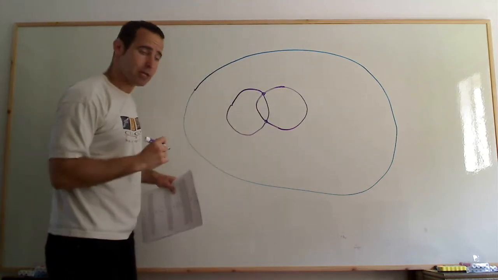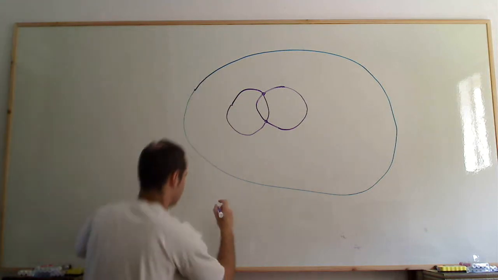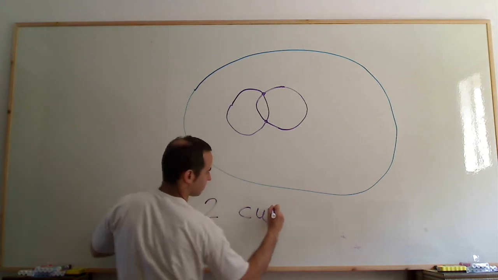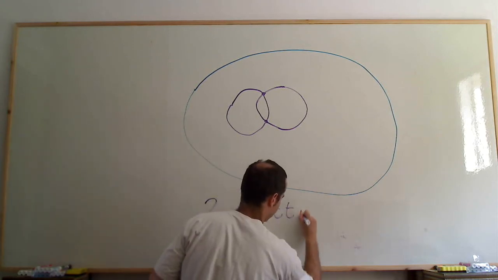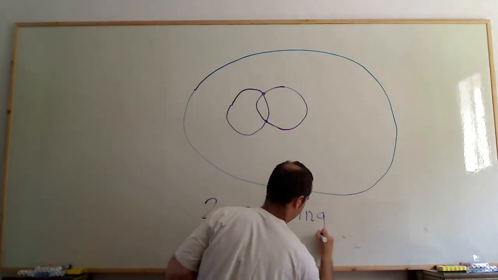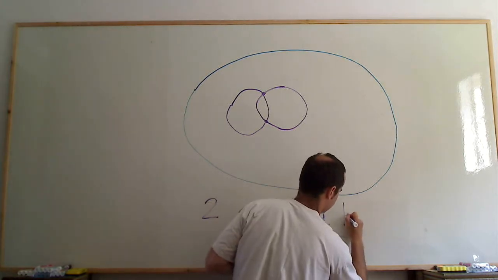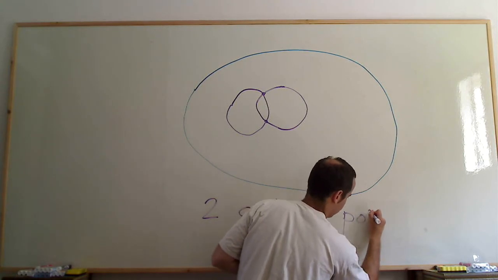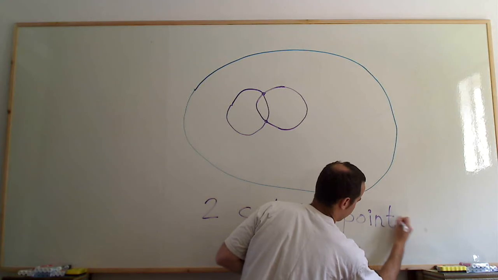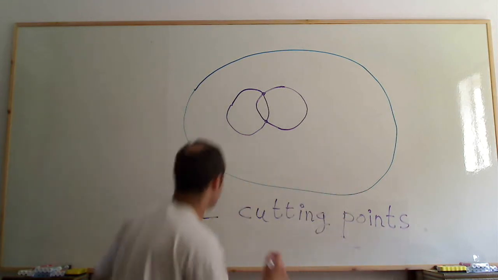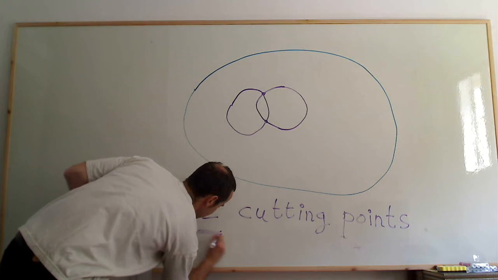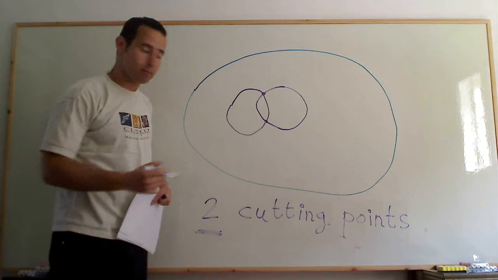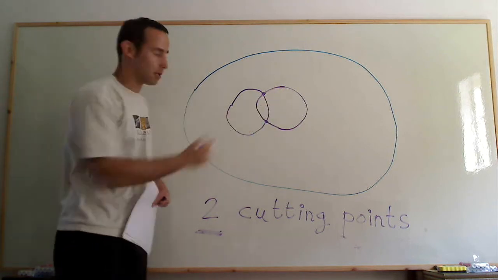So the other option is 2 cutting points. Before we had 0 cutting points, now we have 2 cutting points, because if we went in, we need to go out for this to be closed and this to be closed.